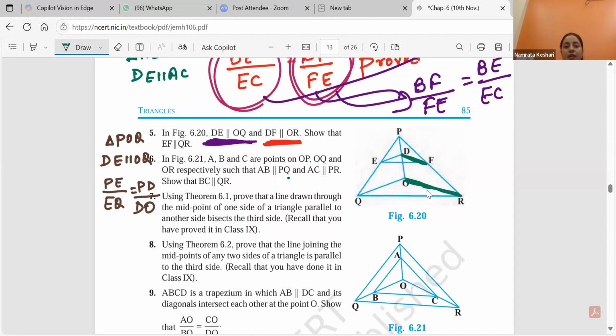Please tell me the name of the triangle. Who will say which triangle to pick from here, where DF is parallel to OR? Not getting it? Let me show you.